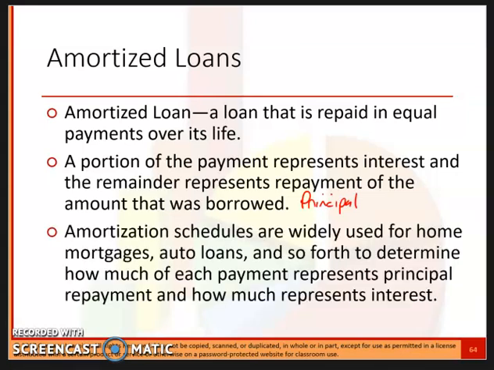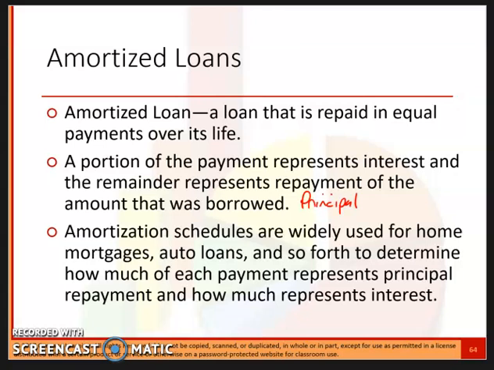You'll see amortization schedules in your mortgages and car loans. You probably received one once you start paying your student loans off.